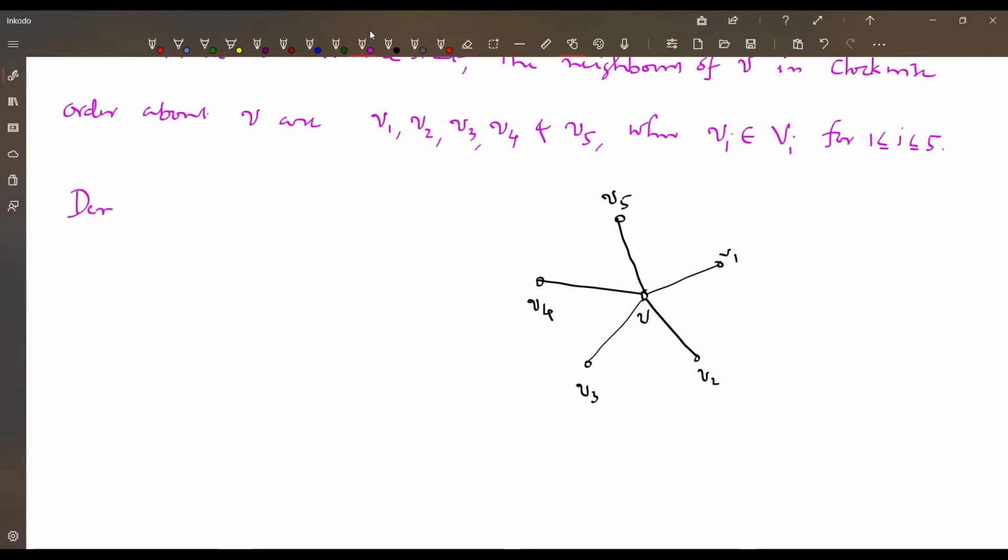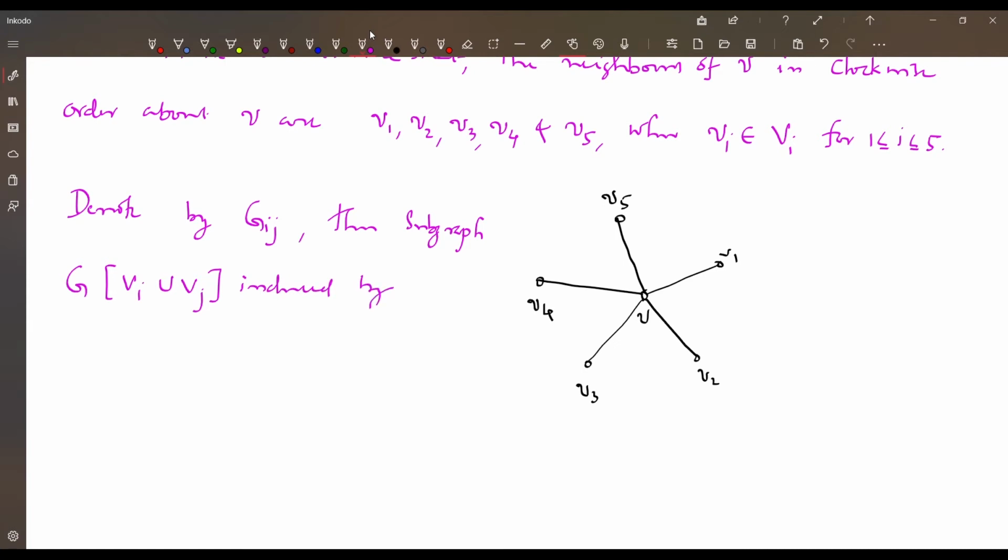Denote by Gij the subgraph of G induced by Vi union Vj.